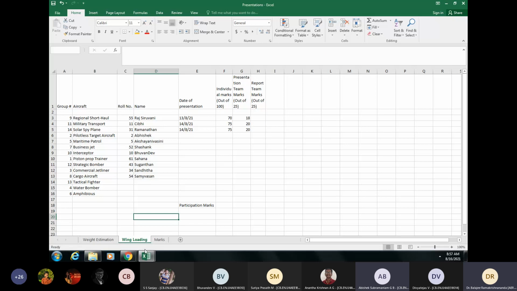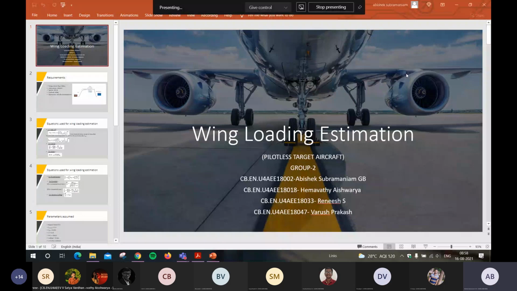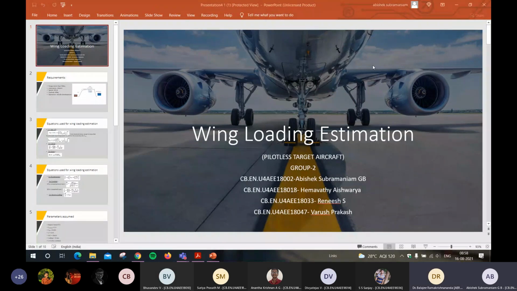Correct? Yes. Abhishek, are you ready? Yes, sir. You can start sharing your screen. Can you see me? Yeah. Just the voice is a bit less. You can talk a bit louder. Okay.